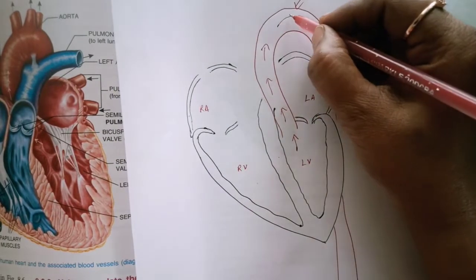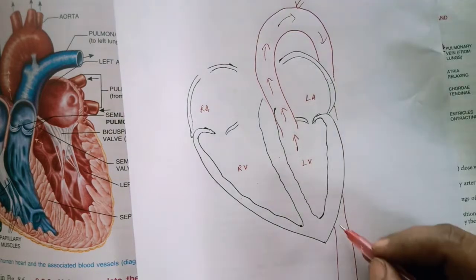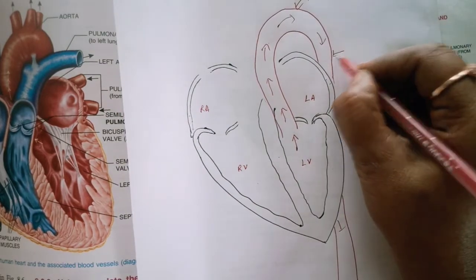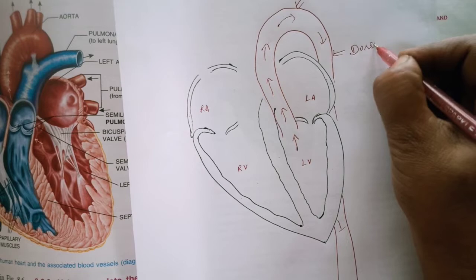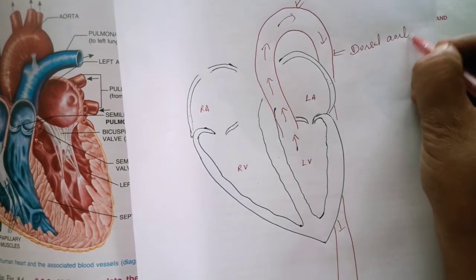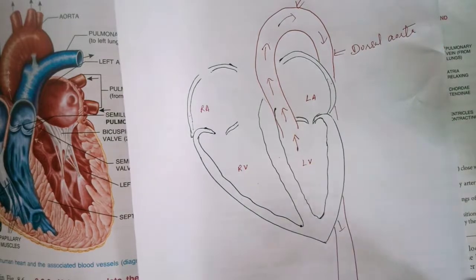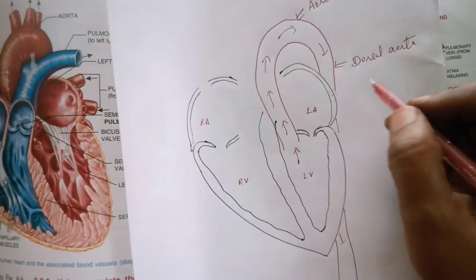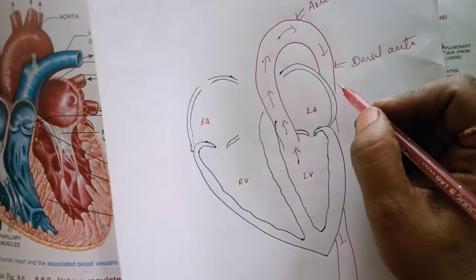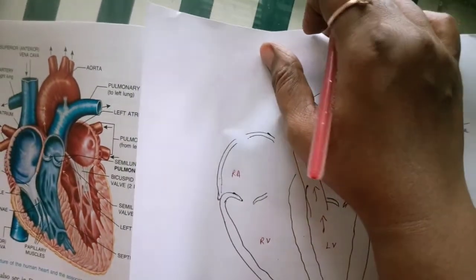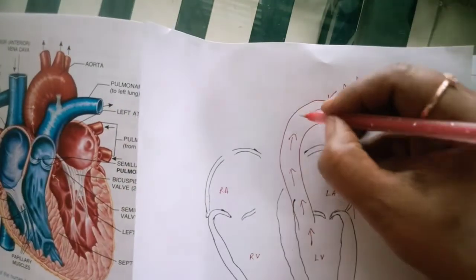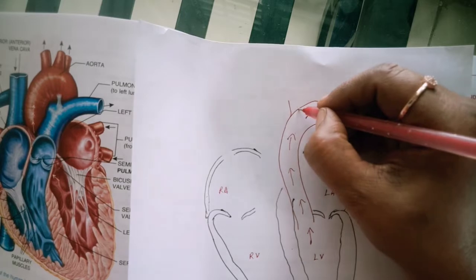So when it takes a bend like this, now it comes to be known as the dorsal aorta. This is the difference. Aorta emerging from the heart, it bends. Now it is known as the dorsal aorta. Now from this aorta, as soon as it comes out, as you can see in the figure over here, students, many blood vessels originate like this from here.